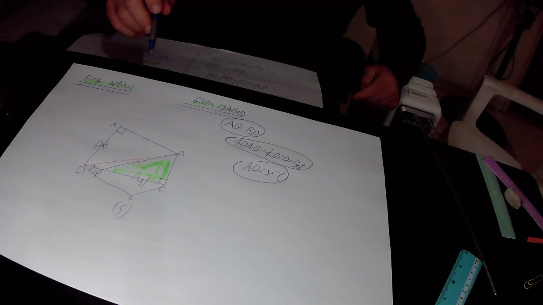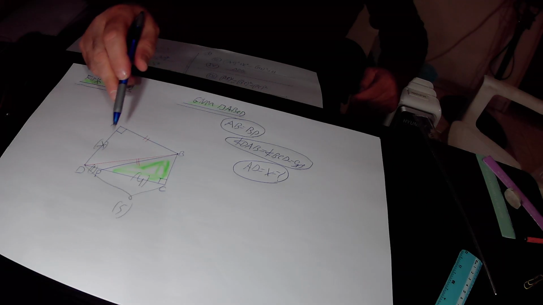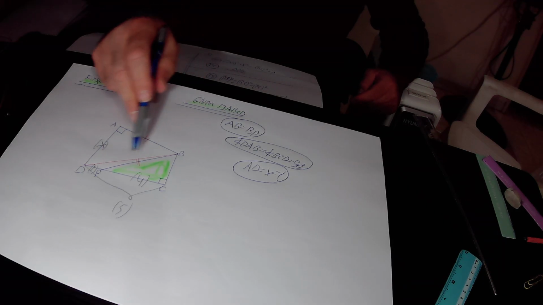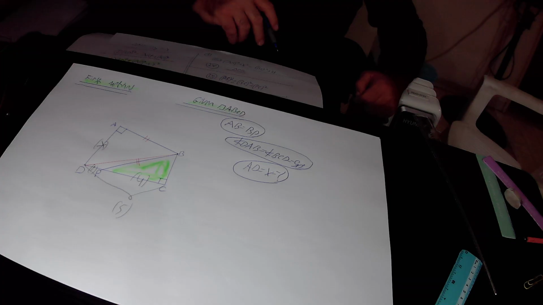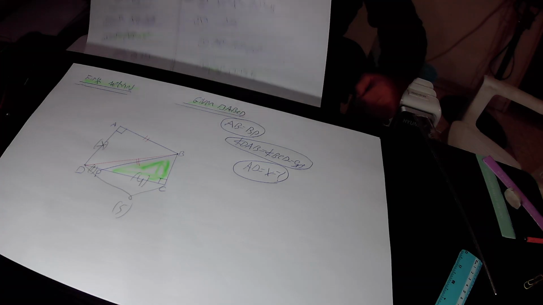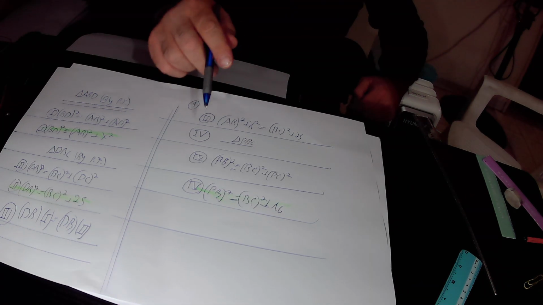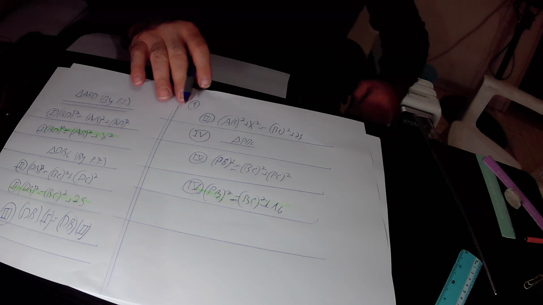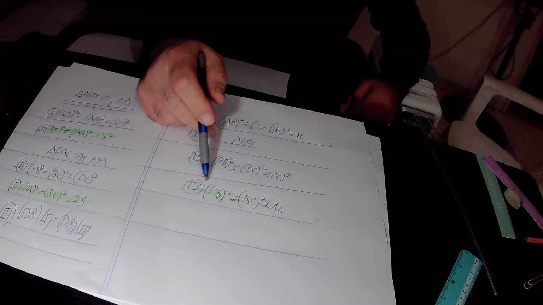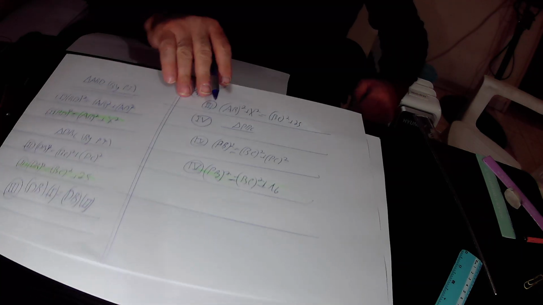But according to what is given in the question, AB equals PB. Again, AB equals BP, and therefore PB squared equals AB squared. So we substitute PB squared in equation 4 by AB squared.